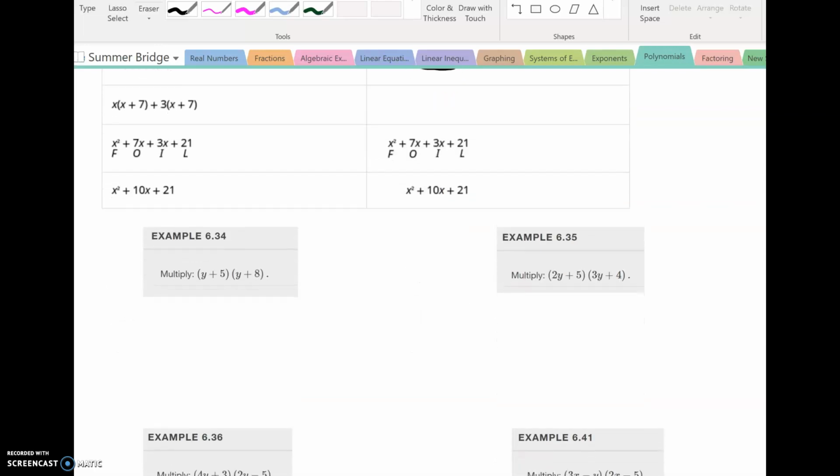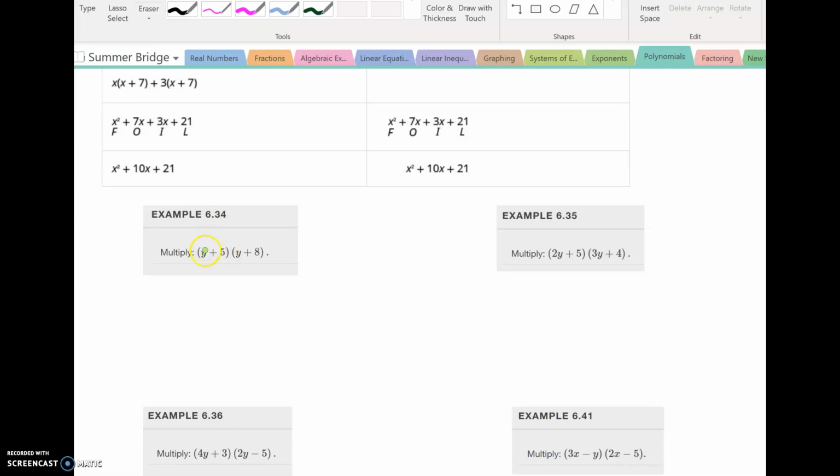Okay? And let's do a couple of examples. So I'm going to take the y and multiply it by the y in the other parentheses and the 8 in the other parentheses. Y times y, that's y to the first times y to the first, becomes y to the second power. Then y times 8 becomes 8y.